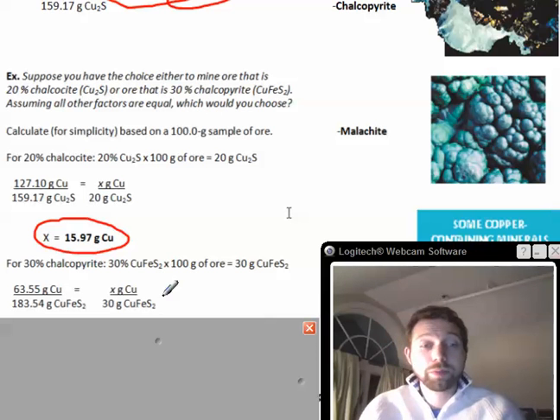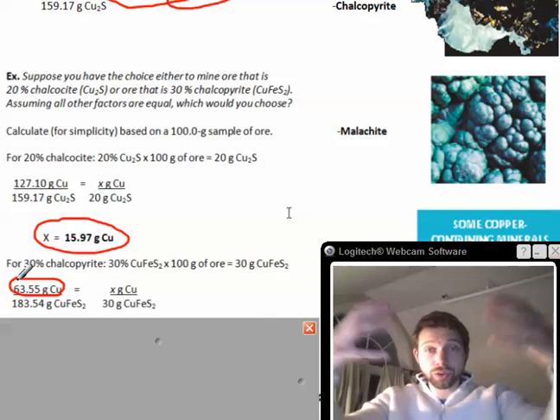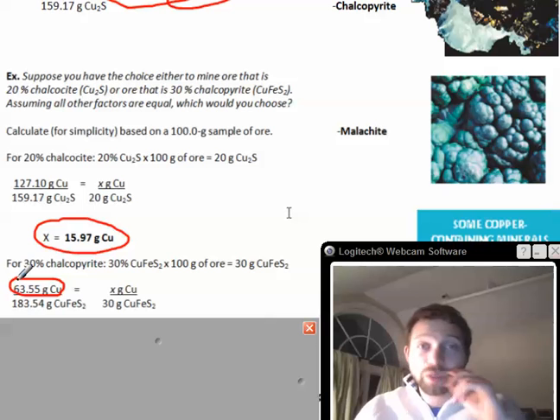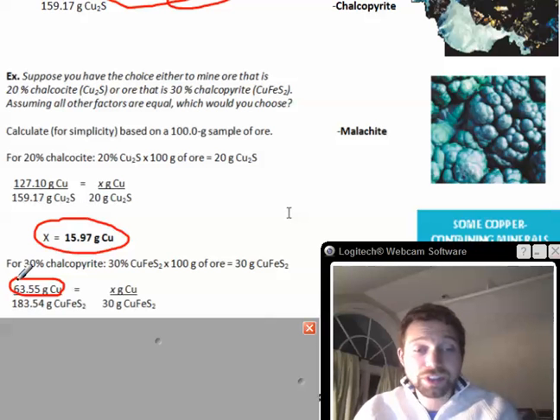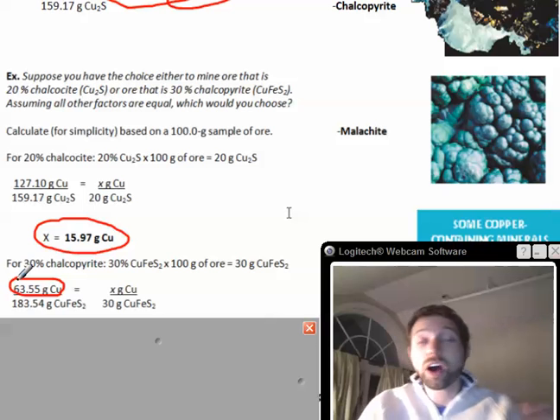So the mass would be 63.55 grams of copper. When we take it and divide it by the total, then we're starting to get the percent composition.